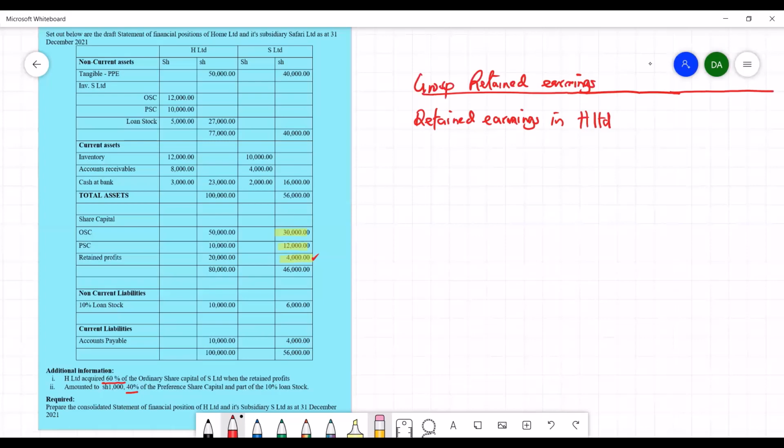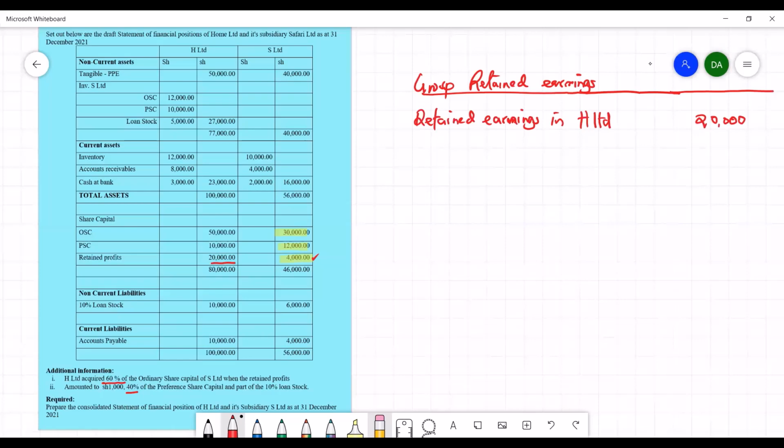In this case, we have determined the retained earnings in H Limited to be equal to 20,000. So that is what we start with, 20,000. That is the retained earnings in the holding company.